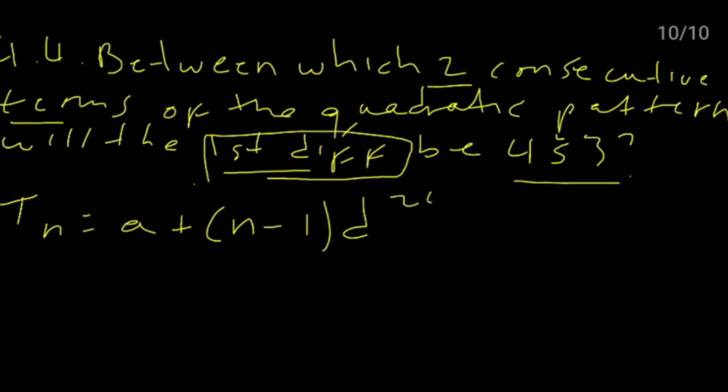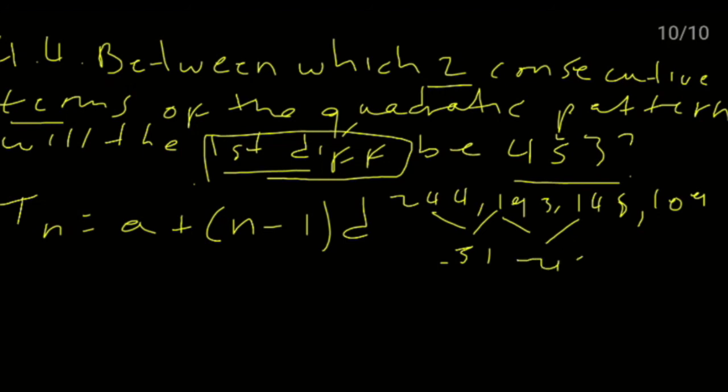It's 244, it's 193, it's 148, and then 109, and so on and so on. And then our first difference in this case was negative 51, negative 45, and negative 29, and so on and so on.